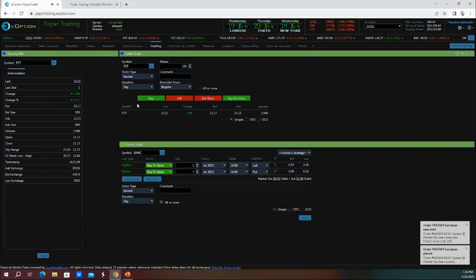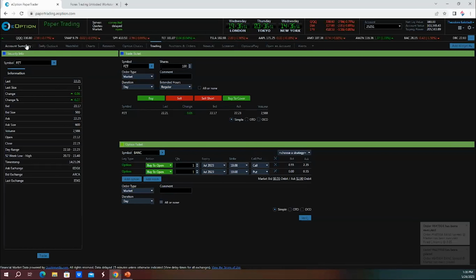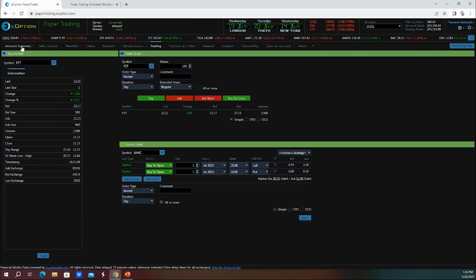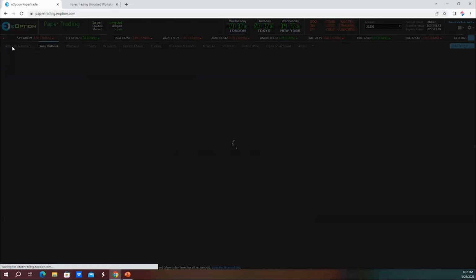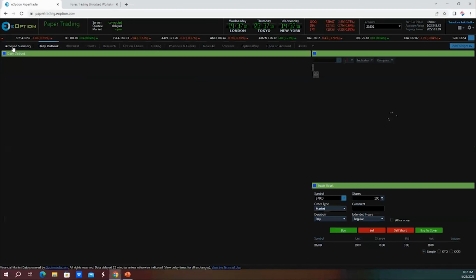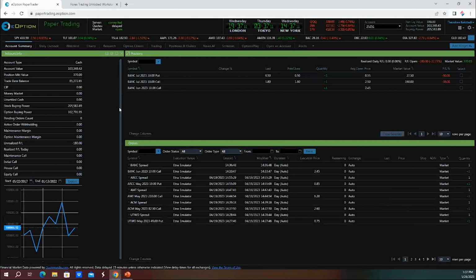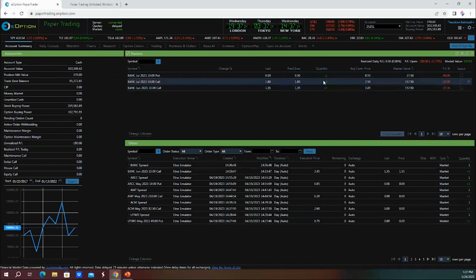And now we have a volatility trade instead of just an outright trade. Okay, so we're waiting for that to pull up. Okay, there we go. So now you can see that we have our 2 trades in.